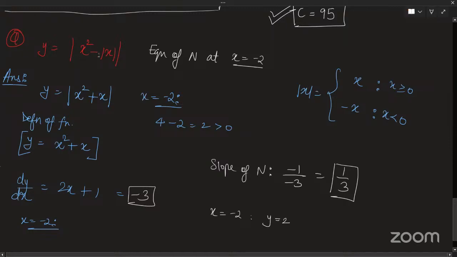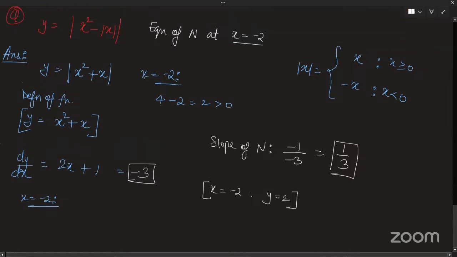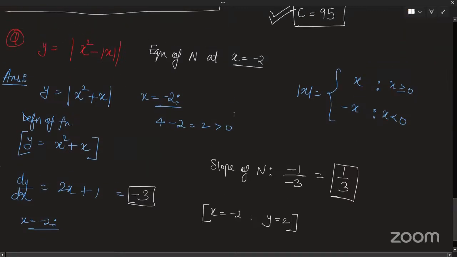Any doubt? See, when x is equal to minus 2, I need to calculate the y coordinate at that particular point also. Without the y coordinate, I will not be able to find the equation of the line. In order to find the equation of the line, I need both the x and y coordinates. So I again find out that if x is minus 2, the value of y is 2.